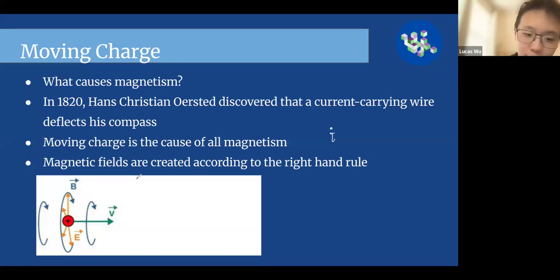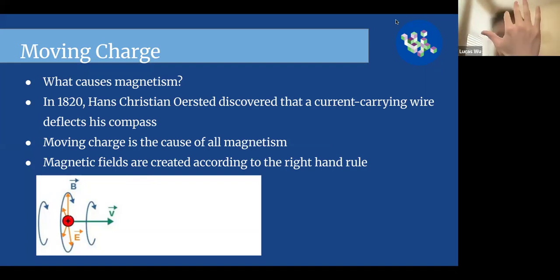How do I determine the direction of the magnetic field? Well, it's using something called the right-hand rule. In this diagram, I have a charge and it's moving towards the right. Now, how do I find the direction of the magnetic field? I hope you guys can see this in my camera. My charge is moving this way.